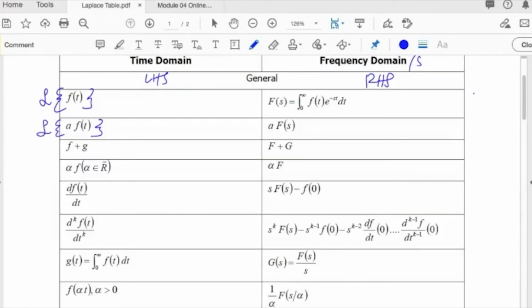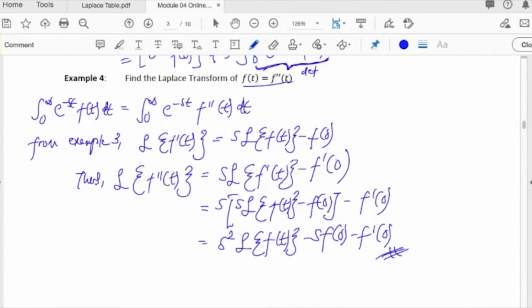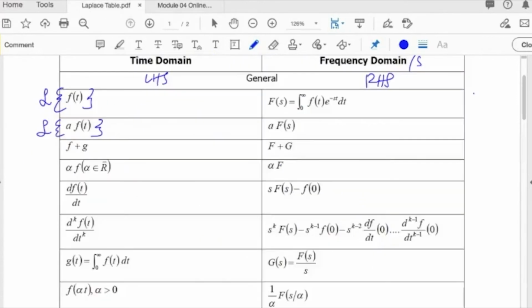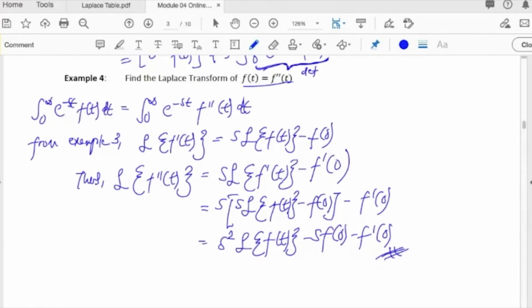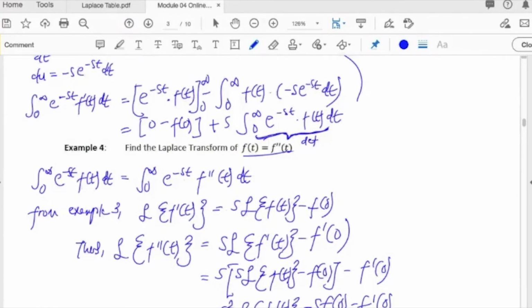How we get from the left-hand side in the Laplace transform into the right-hand side, which is referred to as the frequency domain, is by applying the Laplace definition. If you apply the Laplace definition, you can transform a time domain into a frequency domain, such as what we have done in examples 1, 2, 3, and 4.